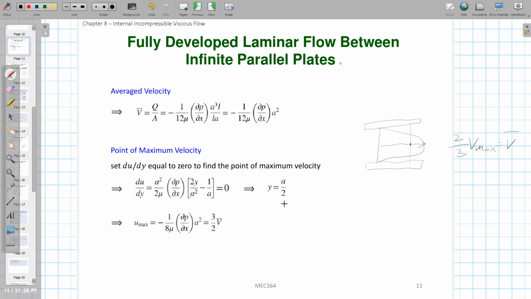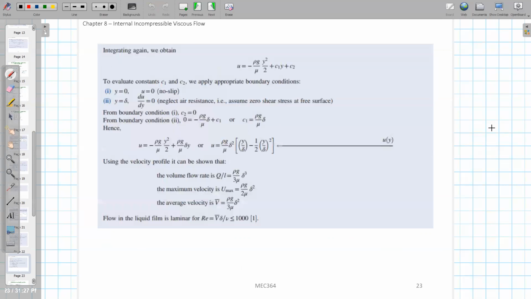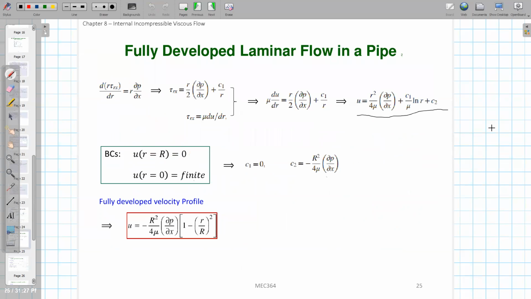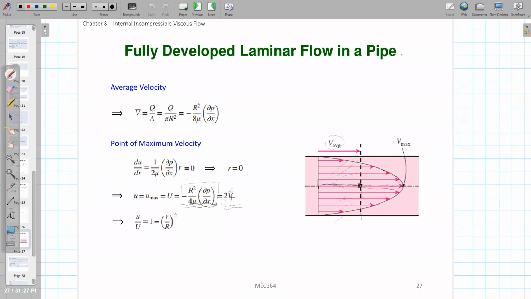So we have different results, right? Between two parallel plates, V average is 2/3 of the V max. For the flow inside a circular tube, V average is half of the V max, U max.